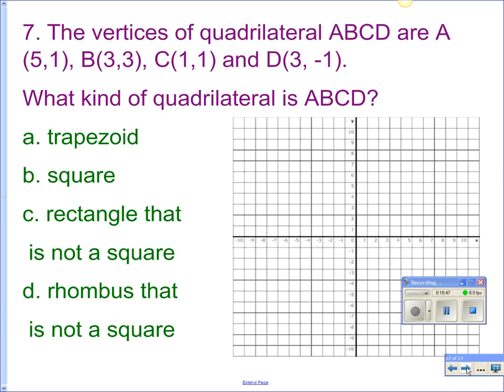So I want to know what kind of 4-sided figure is ABCD, and we have these choices. How do you think we're going to figure out which one it is? We're going to have to graph it, okay? We're going to have to graph it. So this first point, remember, please label your points X and Y for graphing. It's very helpful to do that.